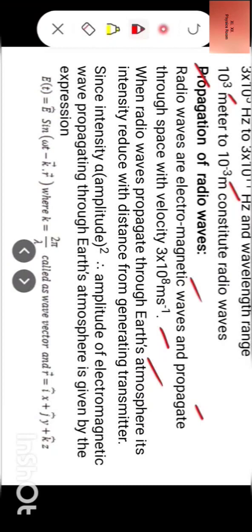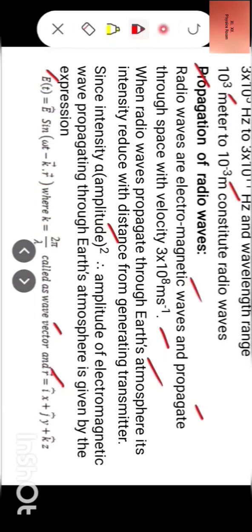Since intensity is directly proportional to amplitude square, the amplitude of an electromagnetic wave propagating through Earth's atmosphere is given by the expression E(t) = E max sin(omega t minus k dot r), where k is equal to 2 pi by lambda, called the wave vector, and vector r is equal to i cap x plus j cap y plus k cap z.